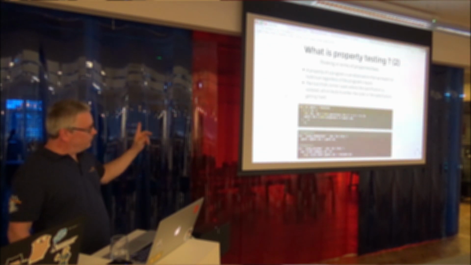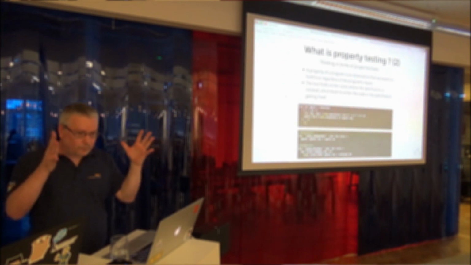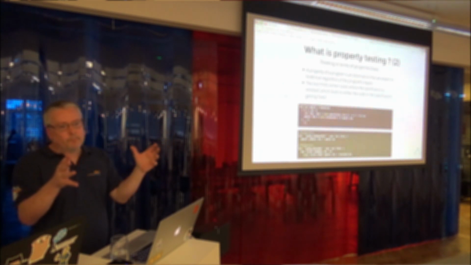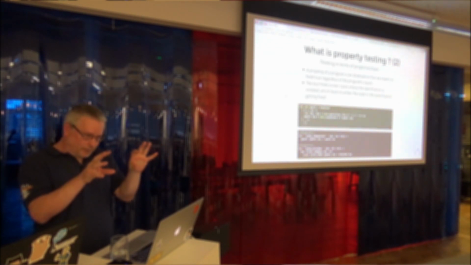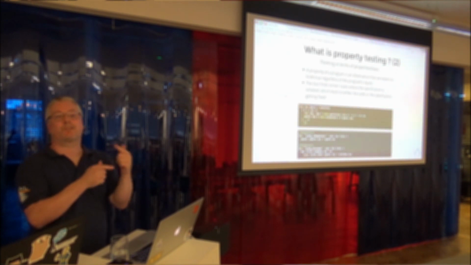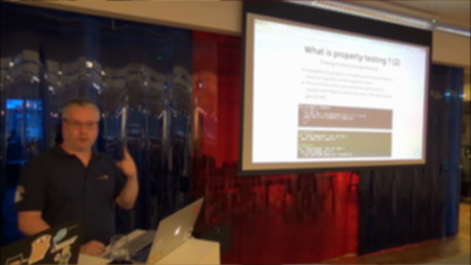But the shrinking will try different versions of that 17-element list. It will try shorter versions until it gets the smallest, most simple version of that counterexample that still demonstrates the problem.